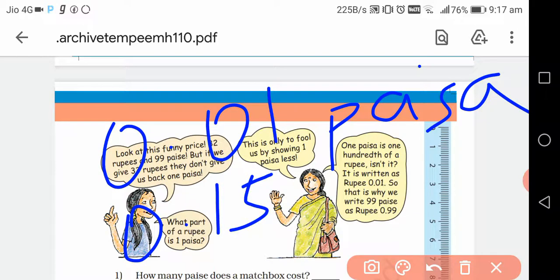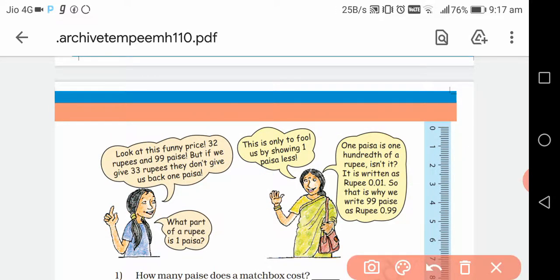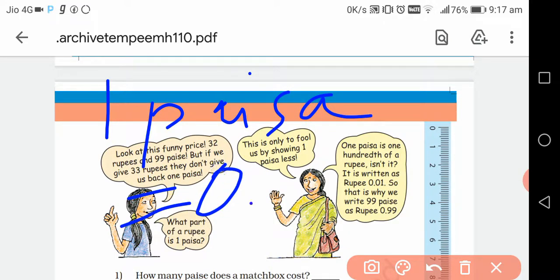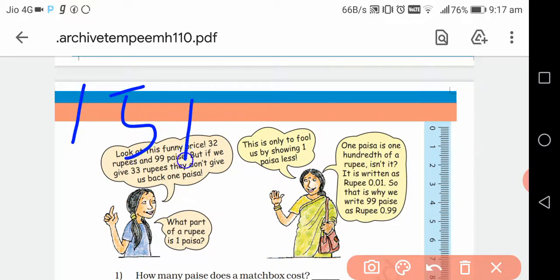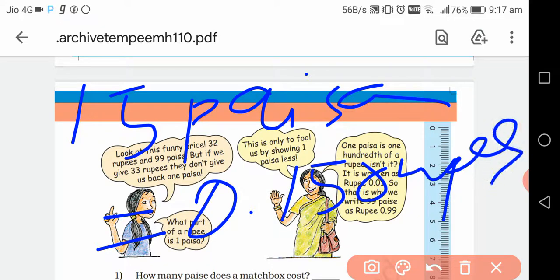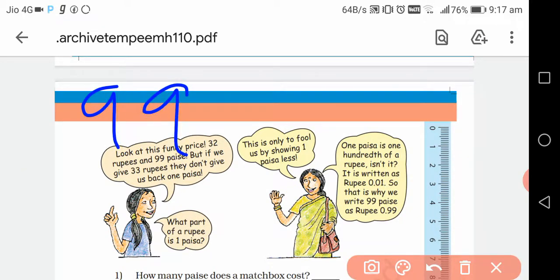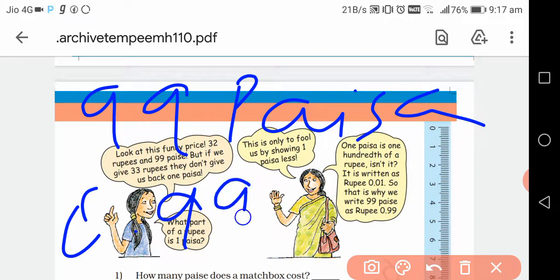If I had 9 paisa, I can write it as... मेरे पास अगर 1 पैसा है तो मैं जब इसको रुपीज़ में लिखने जाऊंगा तो लिखूंगा 0.01 रुपीज़. सिमिलरली अगर मेरे पास 15 पैसे हैं तो लिखूँगा 0.15 रुपीज़. सिमिलरली मेरे पास 99 पैसे हैं, अगर मैं इसको रुपये में लिखना चाहूँगा तो लिखूँगा 0.99 रुपीज़.